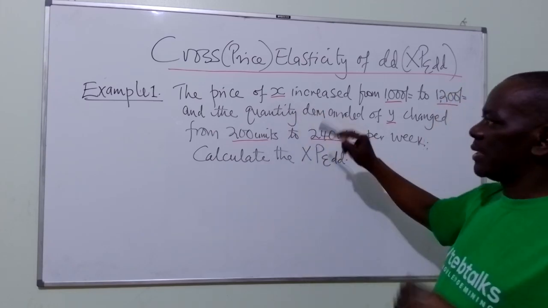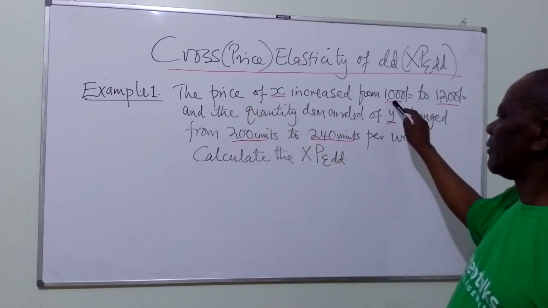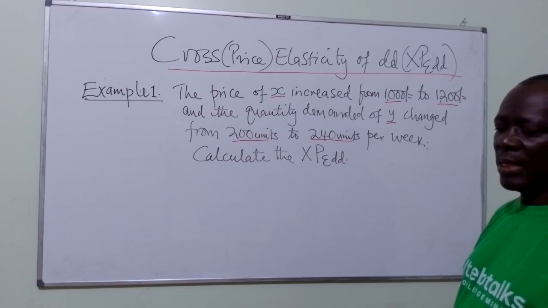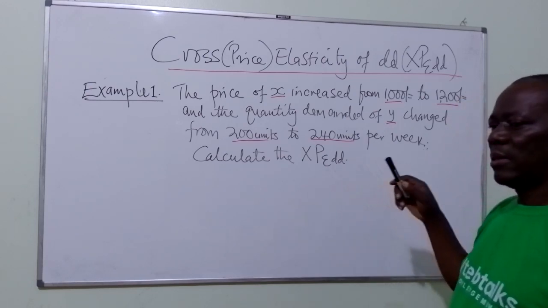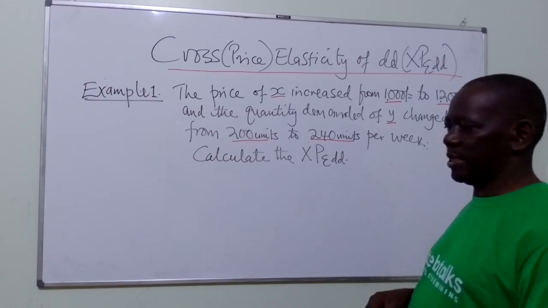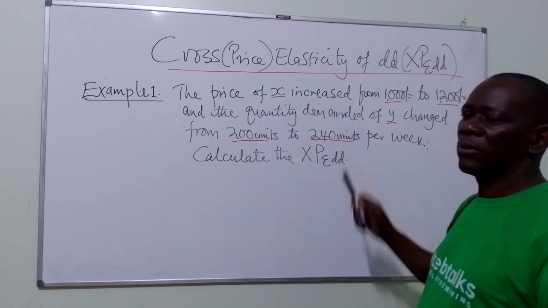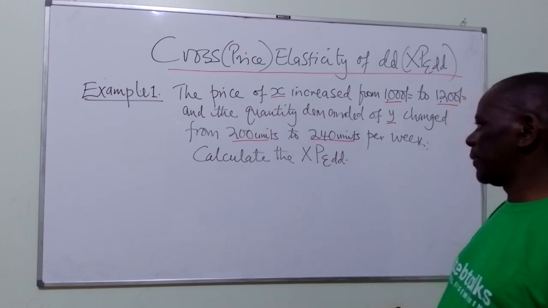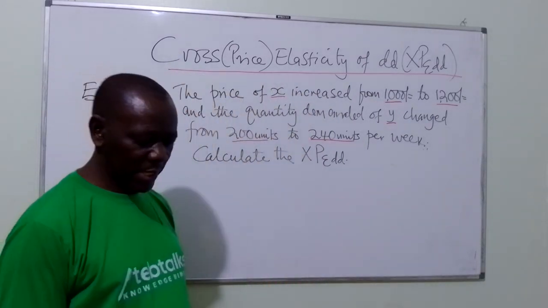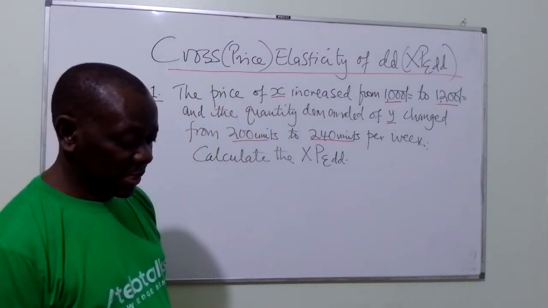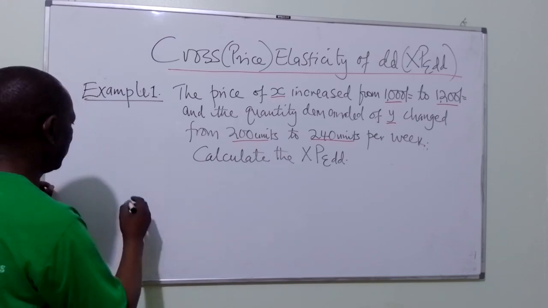Now, what we can see here is that the price of X went up from this to this. Since it went up, it forced the demand of another commodity to increase from 200 to 240. So now we come to calculate the price elasticity of demand. So what do we start with?